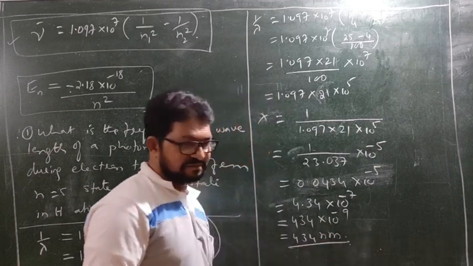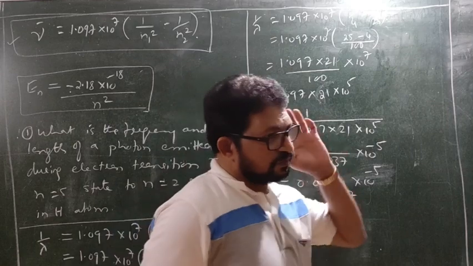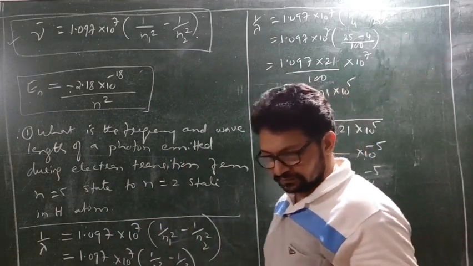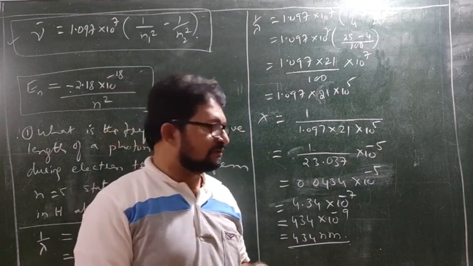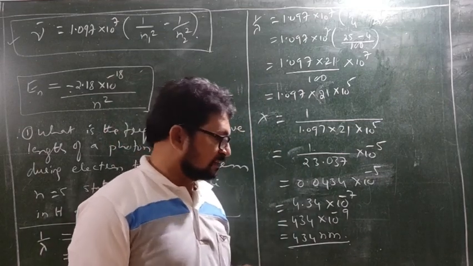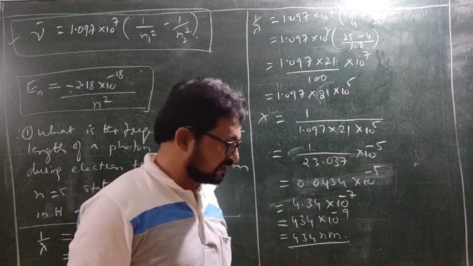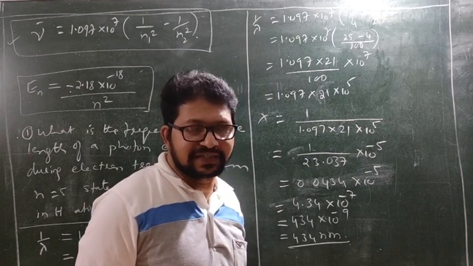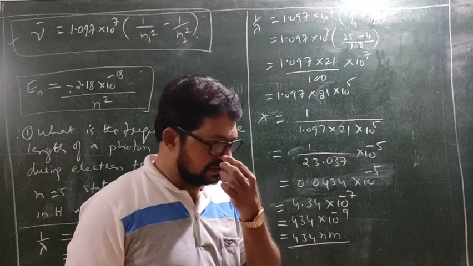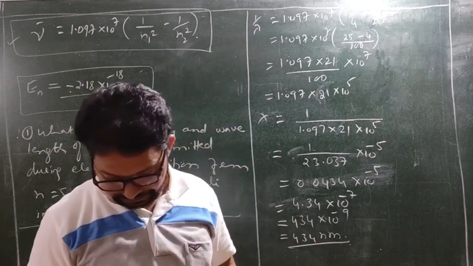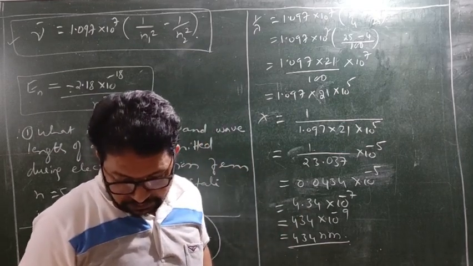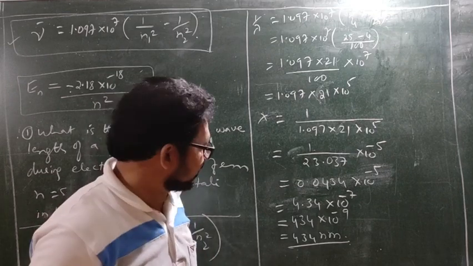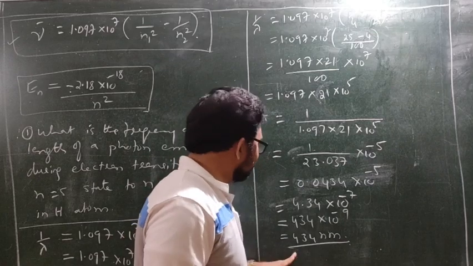Visible range is 750 to 400 nanometer. 434 is nearly the violet side, is it not? Not towards the red side. So the wavelength we have calculated is 434 nanometer. Do you agree?